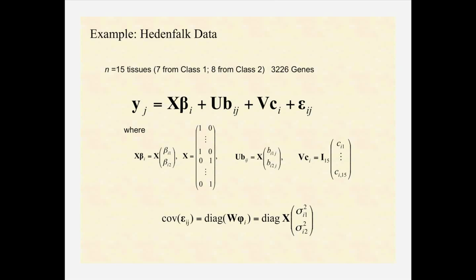This is to allow for the arrays to be correlated, and Efron did find that some of these arrays for the head and neck data did seem to be correlated for some reason. Then this random effect term is some attempt to allow genes to be correlated.